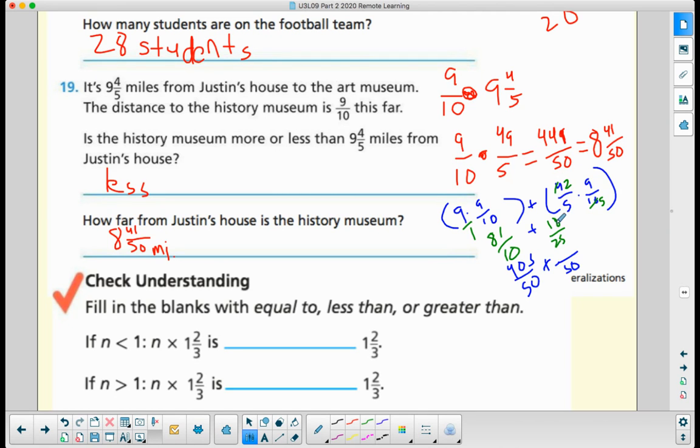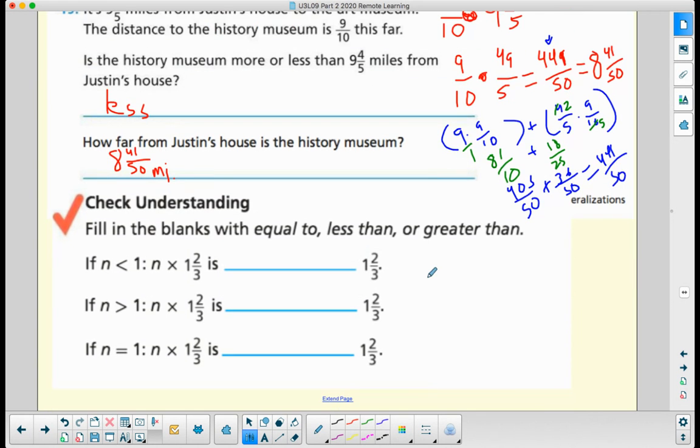And 2 groups of 18 are 36. And 405 plus 36 is 441 again 50ths, which is what I had right here, 441 50ths. So 8 and 41 50ths was correct.